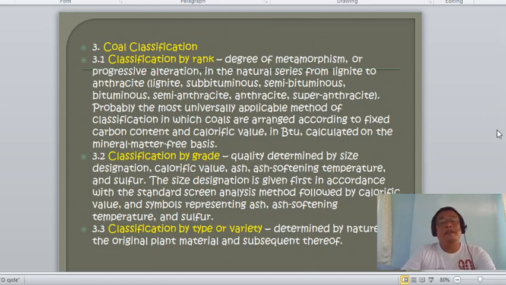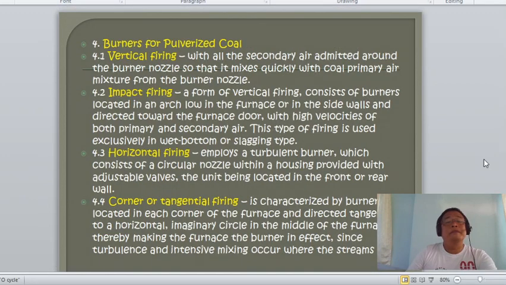The size designation is given first in accordance with the standard screen analysis method, followed by calorific value and a symbol representing softening temperature and sulfur. Then classification by type or variety is determined by the nature of the original plant material and subsequent alteration thereof.